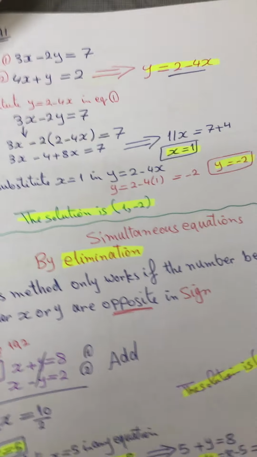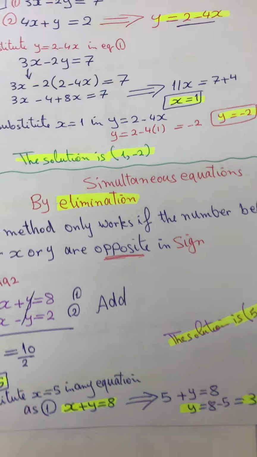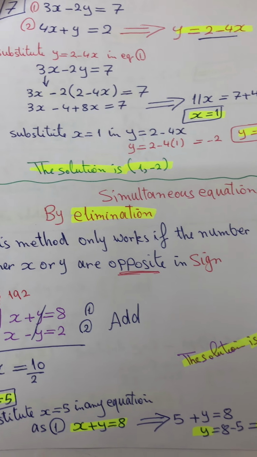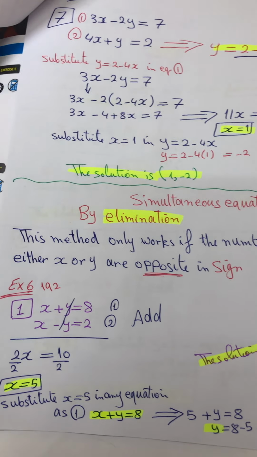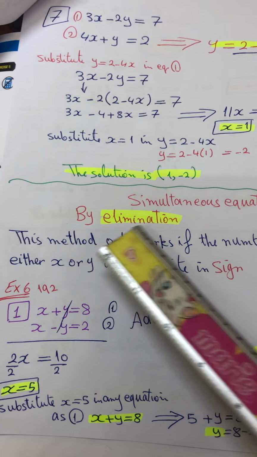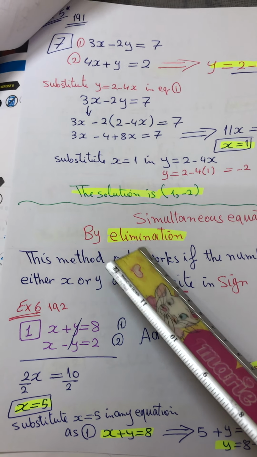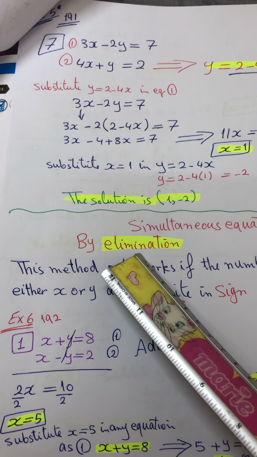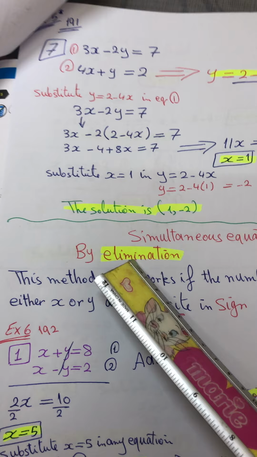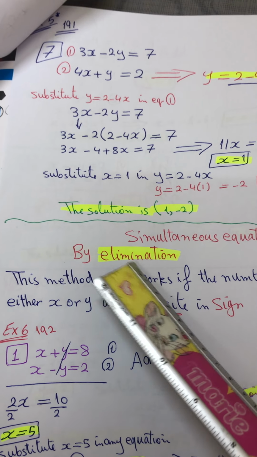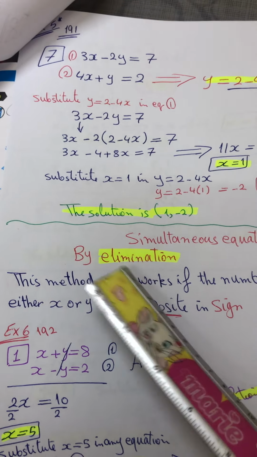Inshallah, I'll start a new method to solve the simultaneous equations algebraically, which is by elimination. We use this method if one of the two variables has a coefficient, the number multiplied by it, that is the same, but one positive and one negative.